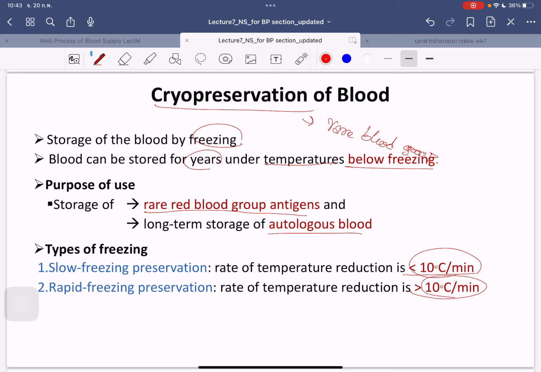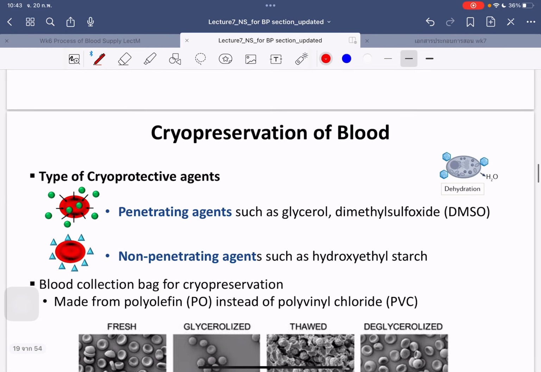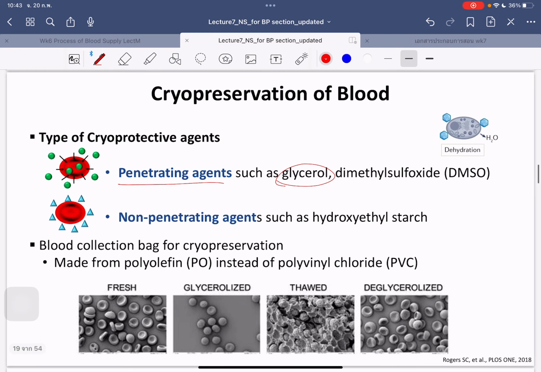For the reagents that we add into the blood to freeze it, there are two types. The first one is the penetrating agent, which means this agent will enter the red blood cell, such as glycerol and DMSO, or dimethyl sulfoxide. The mechanism of glycerol or DMSO to prevent red blood cell lysis is that the reagent will dehydrate the cell by taking water out of it.